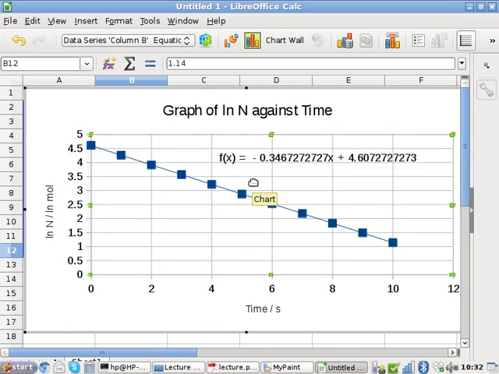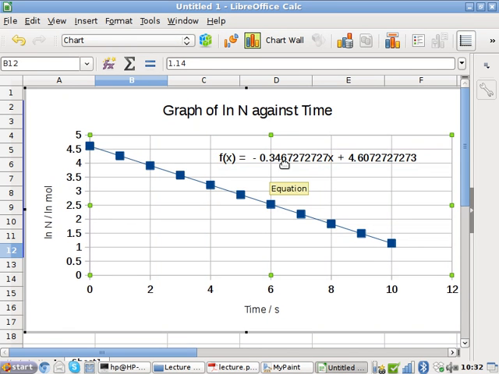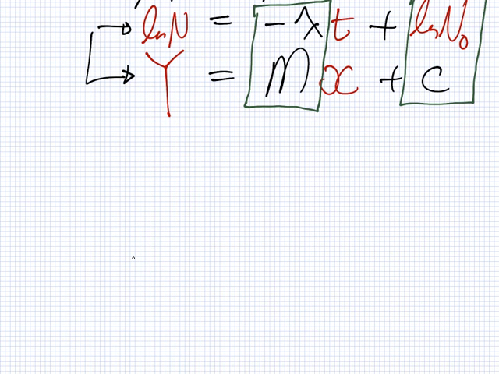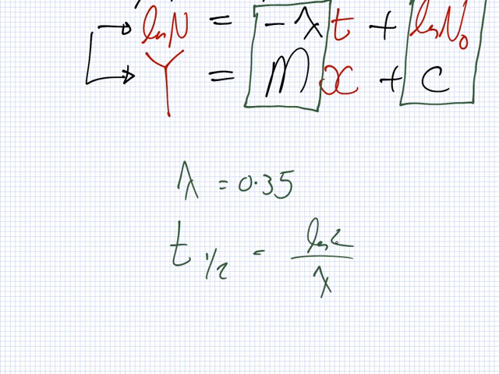Now, I got the slope by using Excel, but here you would have to calculate it. Let's test this out. We think the decay constant is minus 0.35 in my example, right? What's the half-life? How do we calculate the half-life? We can use the formula half-life is equal to log 2 over lambda.